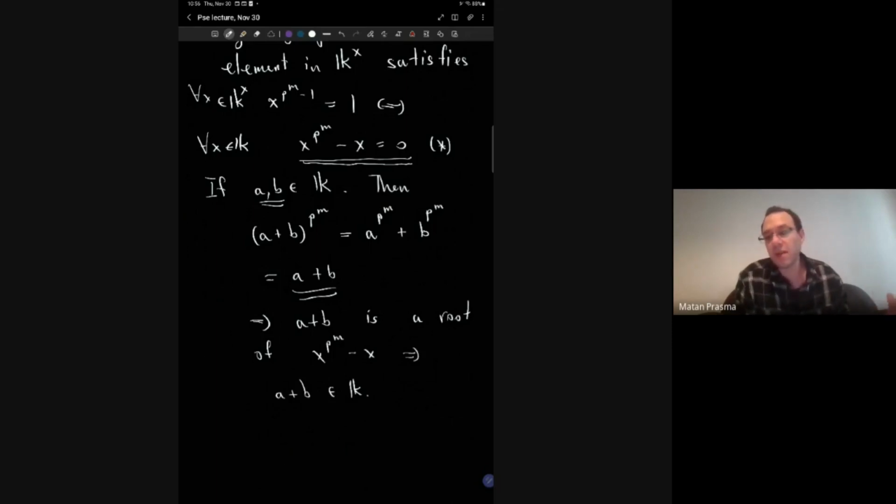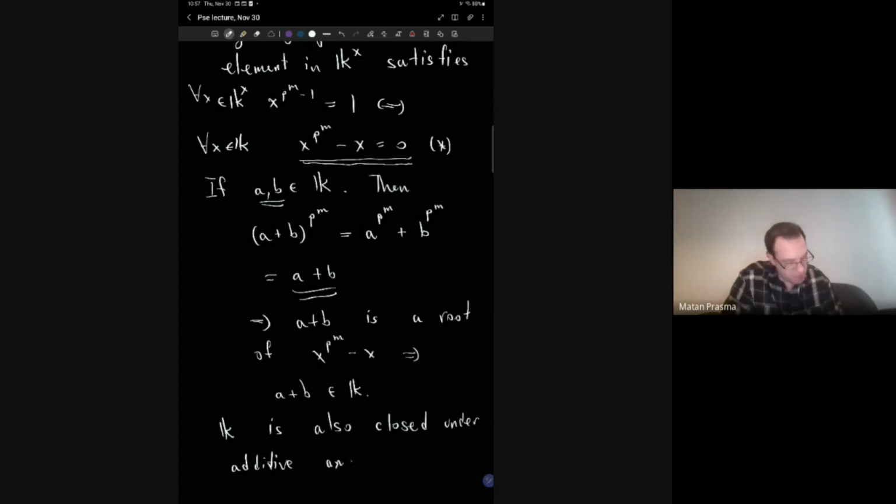Of course, it's closed under multiplication, and it's a good exercise to show that K is also closed under additive and multiplicative inverses.